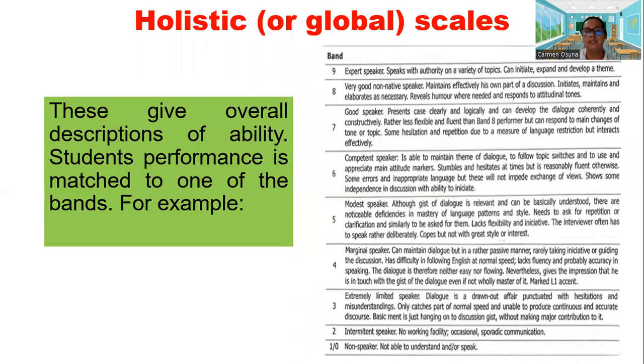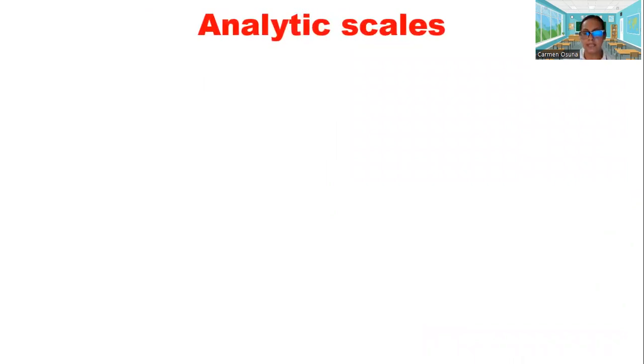For example, this is from the speaking skill. And we have from 0 to 9. The expert speaker, this is non-speaker, not able to understand or to speak. The second one is analytic scales.